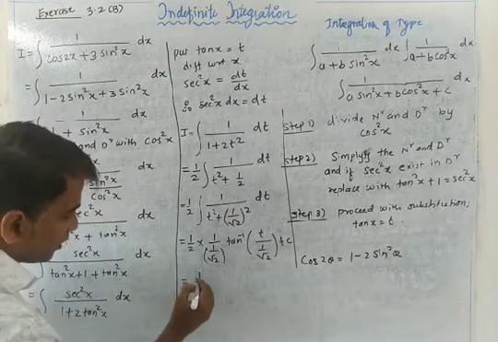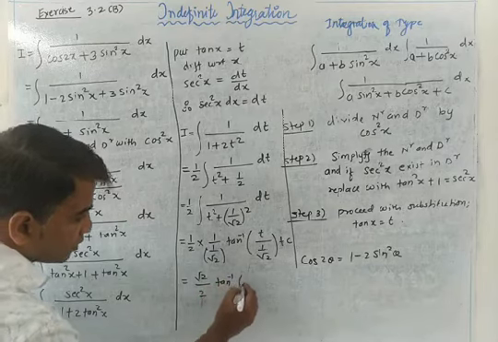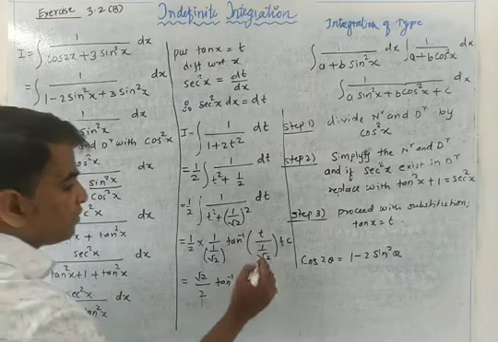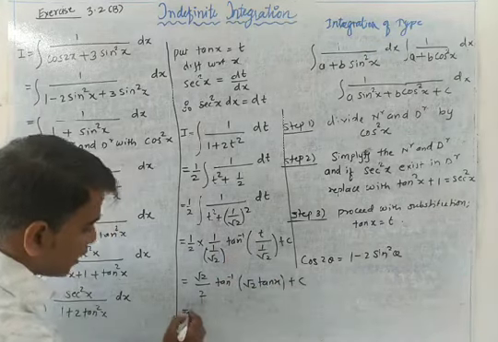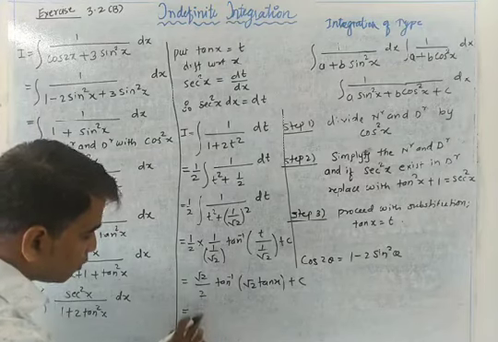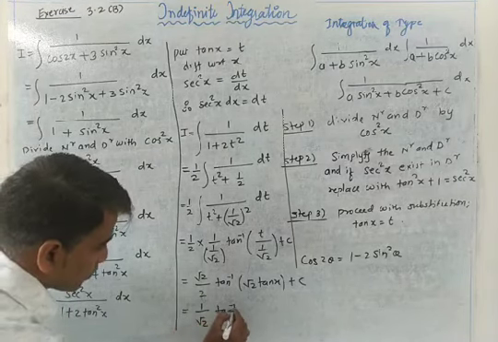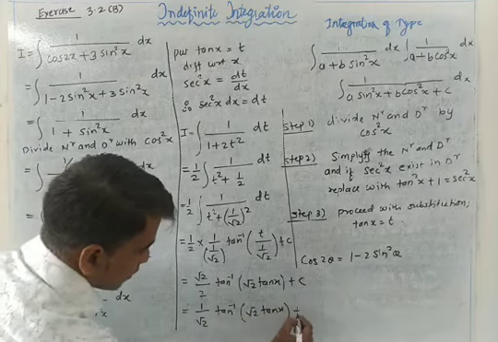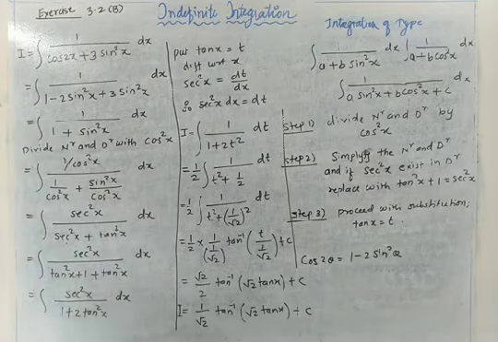So now simplify it, root 2 upon 2 into tan inverse, this denominator root 2 comes to the numerator, and the value of t is tan x plus c. And now root 2 upon 2 will simplify to 1 by root 2 tan inverse root 2 tan x plus c. This is the value of I.